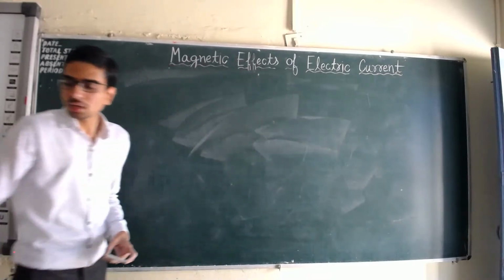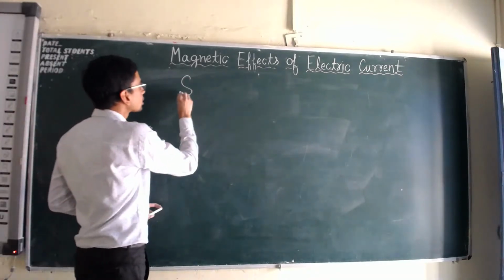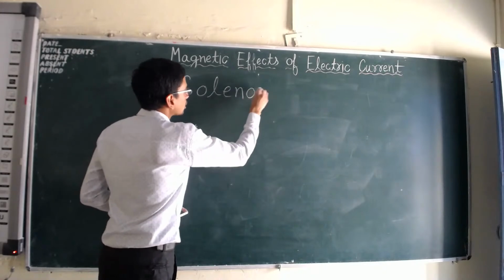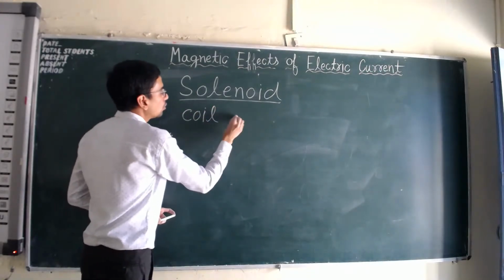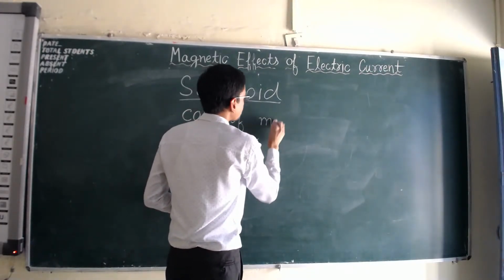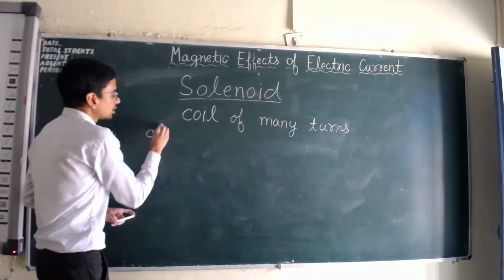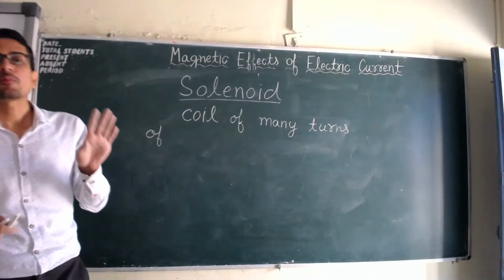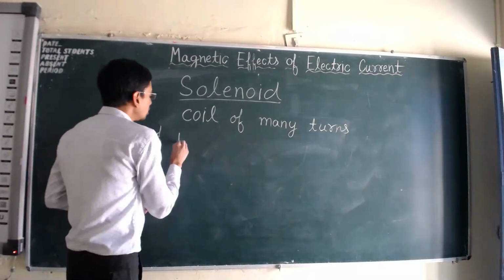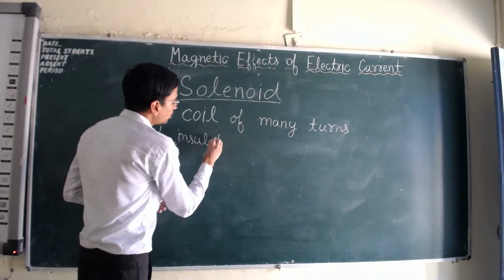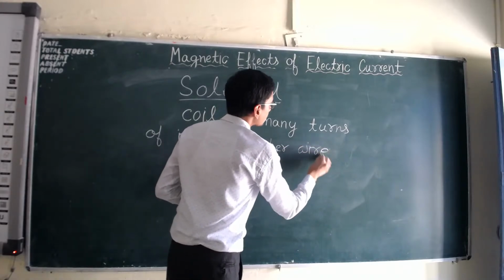What is a solenoid? Solenoid is a coil. Solenoid is a coil of many turns of insulated copper wire. इंसुलेटेड मीन्स अगर आप उस वायर को टच करेंगे तो आपको करंट नहीं लगेगा, क्योंकि उस वायर के अराउंड कैसा मटेरियल है, रबर या प्लास्टिक, इंसुलेटेड मटेरियल. इंसुलेटेड कॉपर वायर, insulated copper wire.